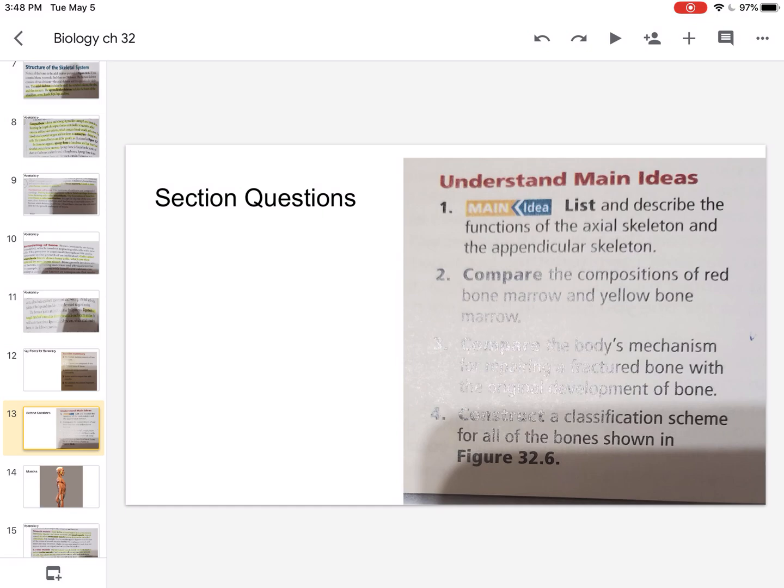You have the axial skeleton on the left side, and it is the skull, the sternum, the ribs, and the vertebral column. Then you'll see on the other side, the appendicular skeleton. It lists the upper limbs, the pelvic girdle, and the lower limbs.